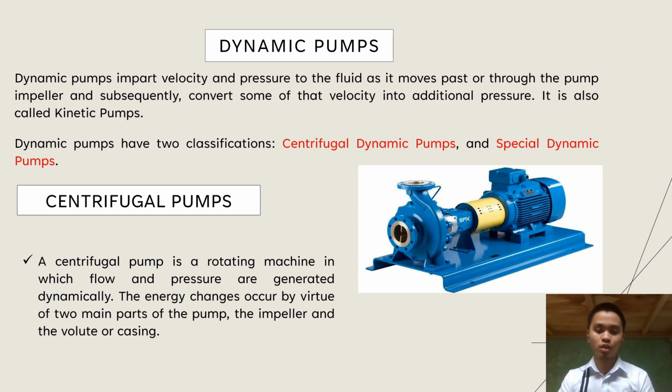Centrifugal pumps are rotating machines in which flow and pressure are generated dynamically. The energy changes occur by virtue of two main parts of the pump, the impeller and the volute or casing. This kind of pump produces an enhancement within force by transmitting mechanical power from the electrical motor to the liquid throughout the revolving impeller.